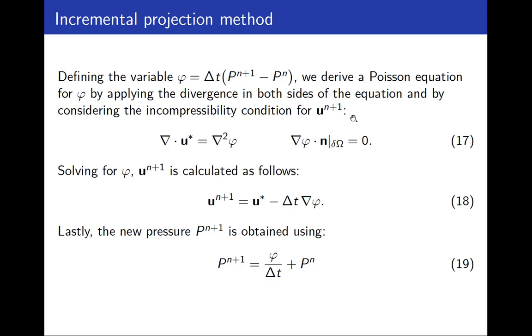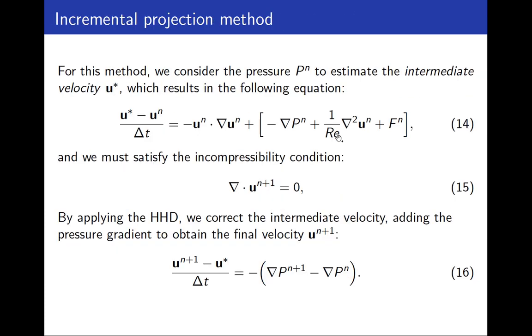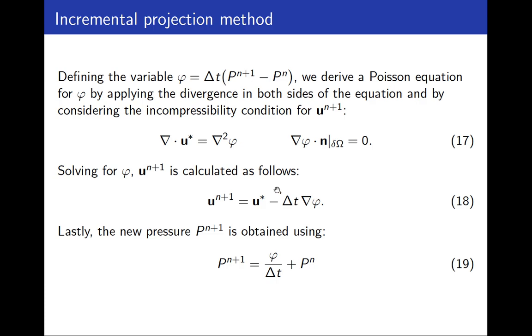Remember, we also have the incompressibility condition for the new velocity, which is this one. And then you end up with equation 17, which is also a Poisson equation, but now in terms of phi. We also have to satisfy a Neumann boundary condition for phi. Equation 17 can be solved, and then you obtain phi.